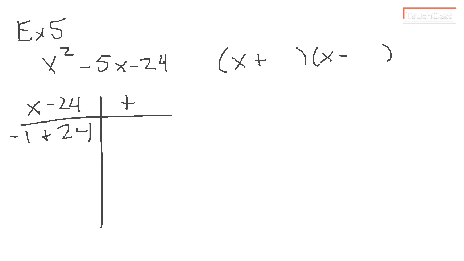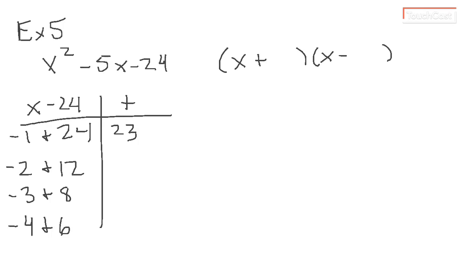I know that 2 and 12, again with one of them being negative, works. I know 3 and 8, again with one being negative, and then I also know 4 and 6 can multiply to make 24. If I add together the negative 1 and 24, I'm going to get 23. And if I switched them and made the 24 negative, we'd get negative 23.